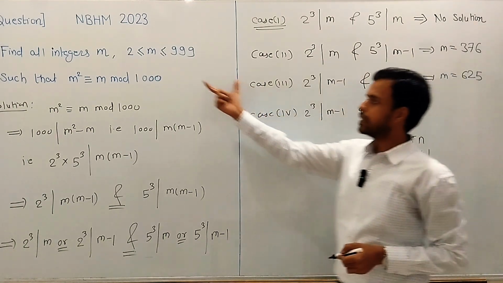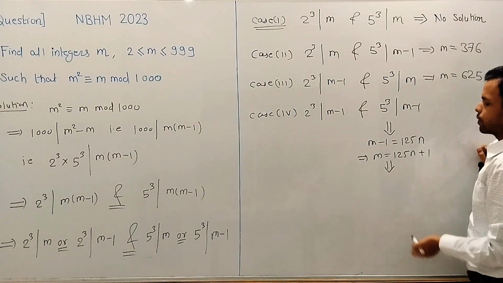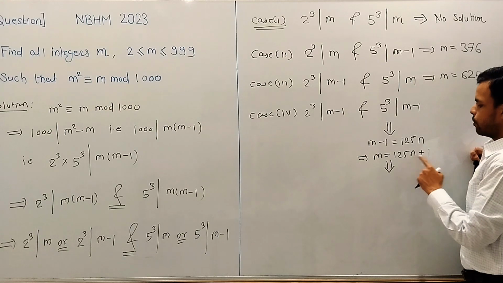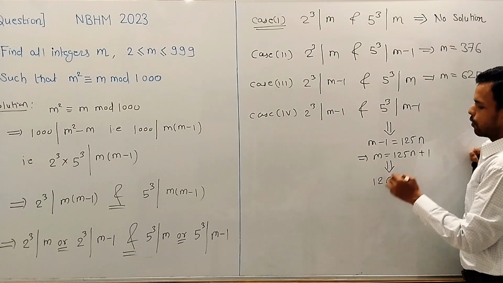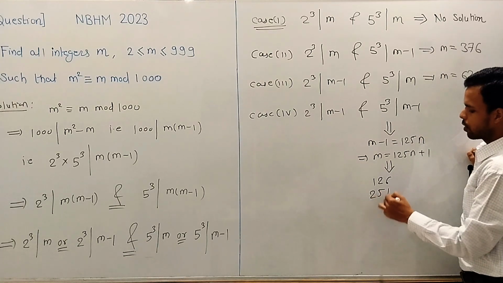But values of m lie in this range. So possible values for m are 125 times 1 plus 1, that is 126, 125 times 2 plus 1, that is 251.